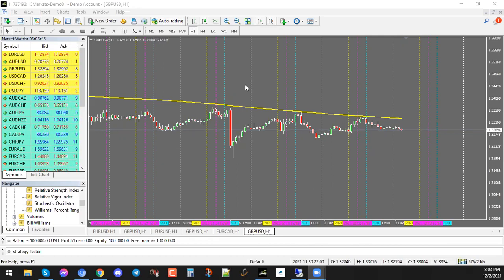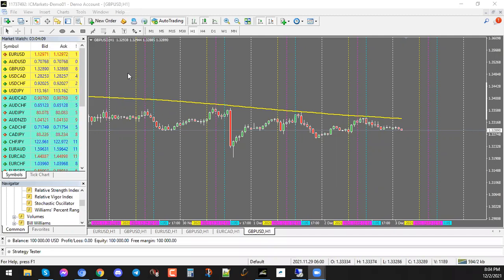We have Pound USD, which is London US, which is kind of like Euro US as well. They're basically in the same sessions. We have CAD USD, we have Euro CAD, we have pairs like that. So choose a pair. Okay, Pound USD, I'm already on Pound USD.